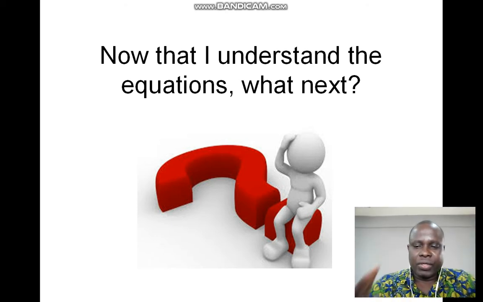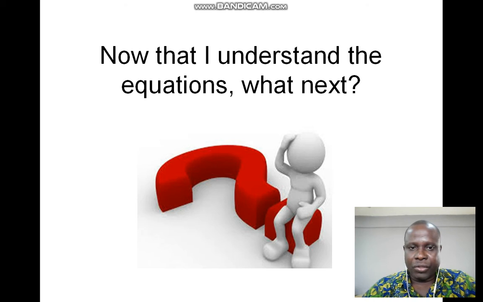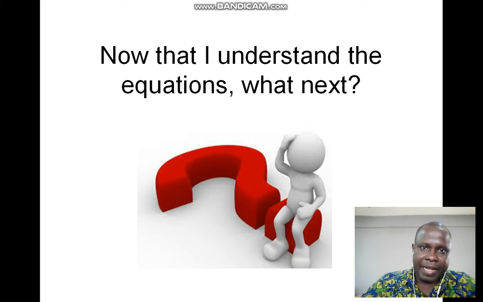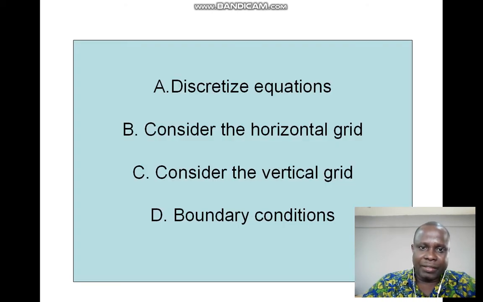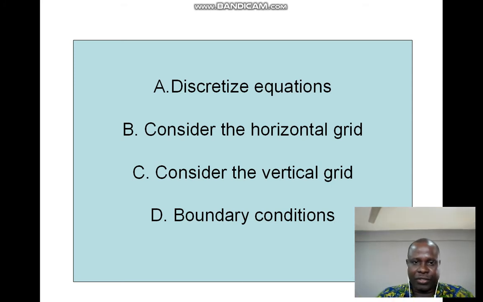Once you have gone through some of the equations and have some understanding of them, the next thing modelers often do is discretize those equations. The equations are in continuous space, right? You have to change them into a discretized form where you can put them in a computer, code them up, and solve the equations.